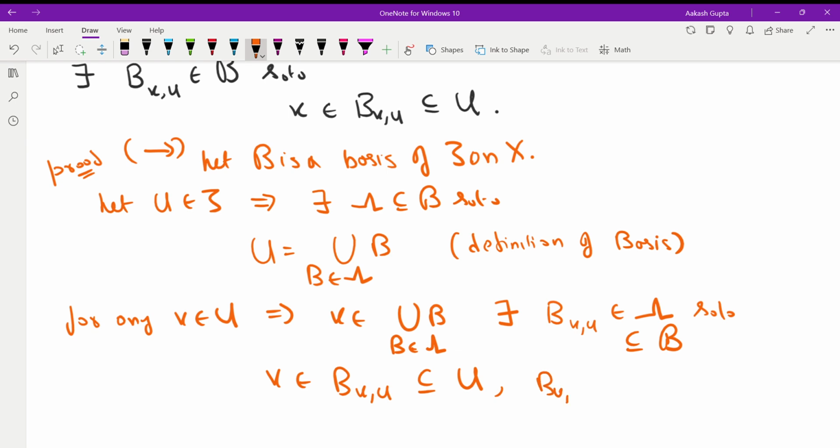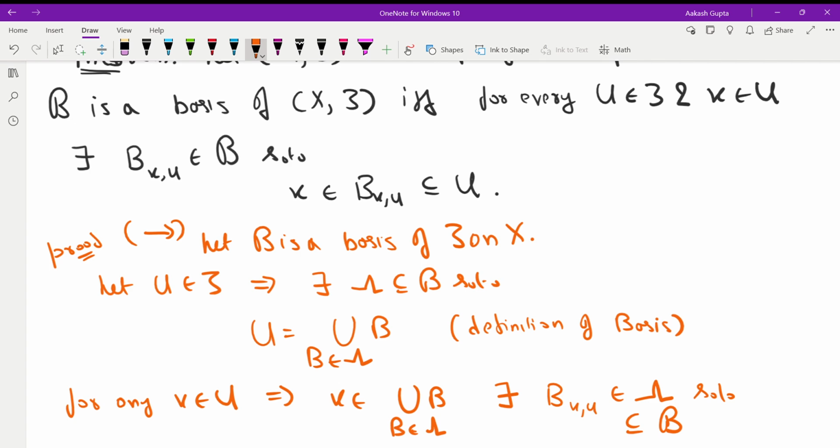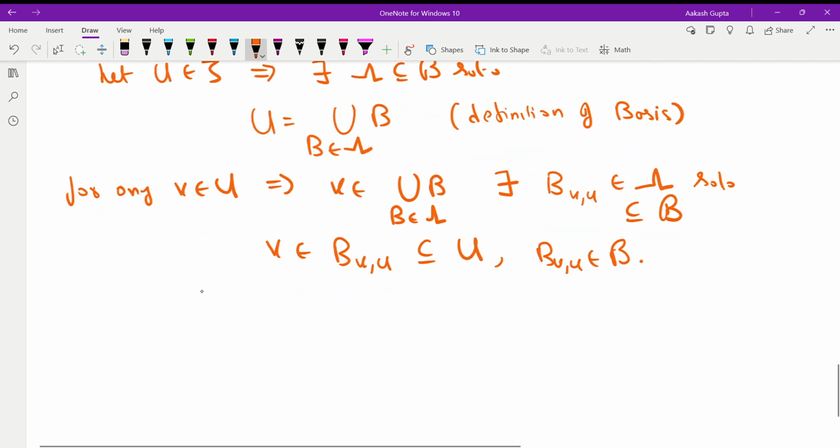Where is B_{x,U}? Guys, this is in the basis B only, right? That's what we wanted. I think this is obvious, more or less. So we are done.